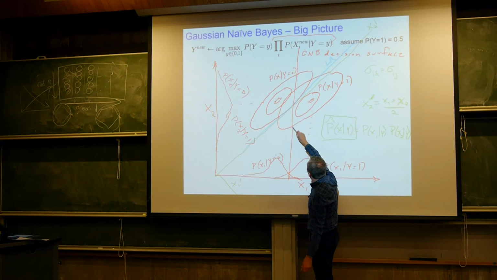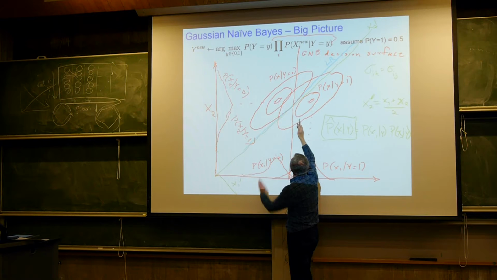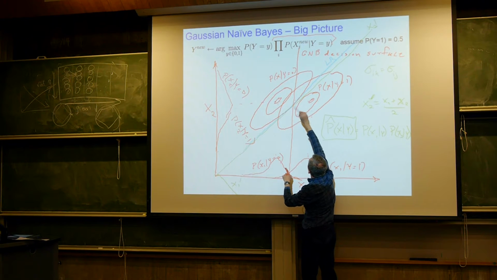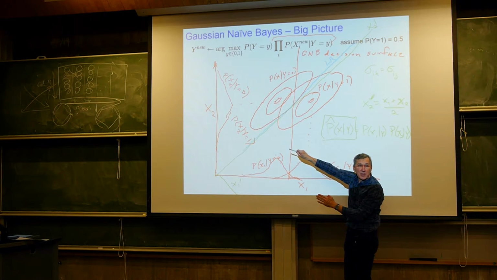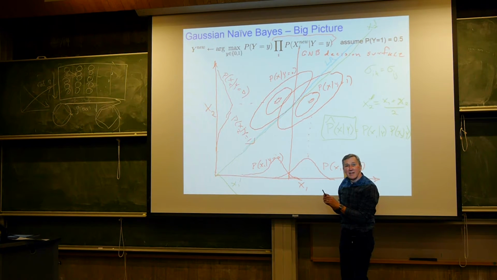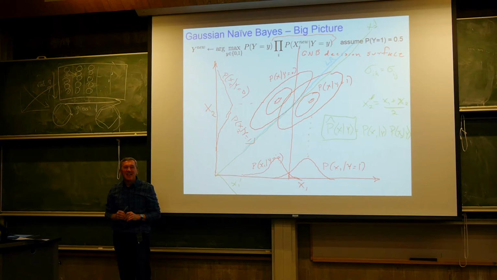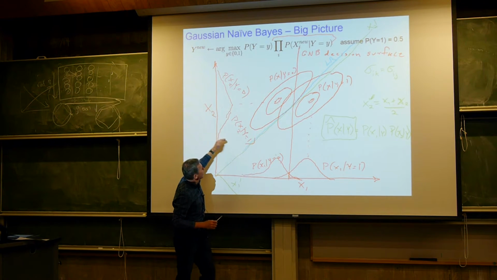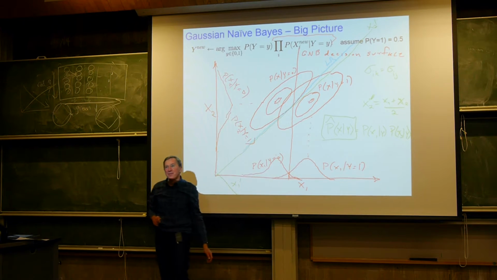The probability of x1, if x2 equals this value, is this Gaussian distribution. But if x2 equals that higher value, the probability of x1 is a very different Gaussian distribution. So visibly, in this case, the probability of x1 given y is not independent of x2. It depends very much on what x2 is. Each of those x2s gives us effectively another distribution.